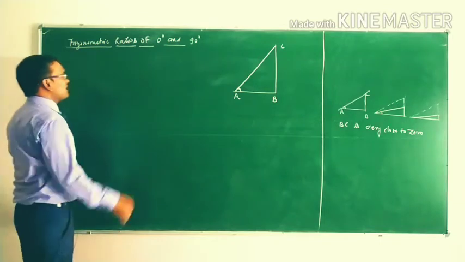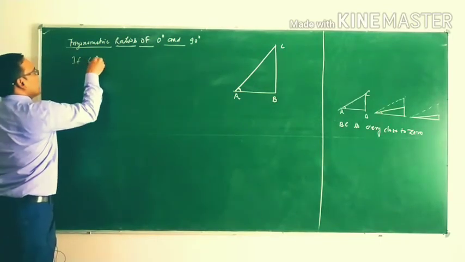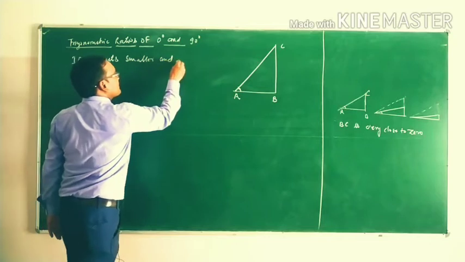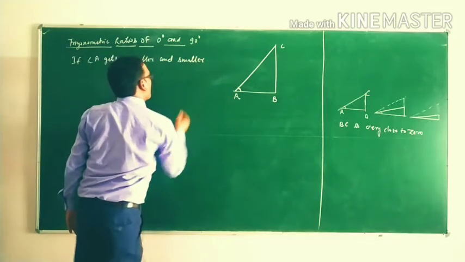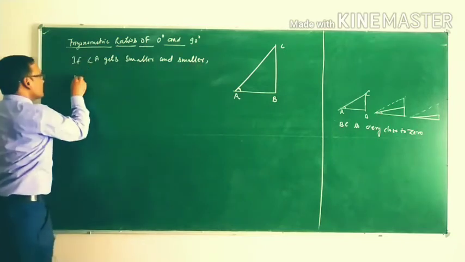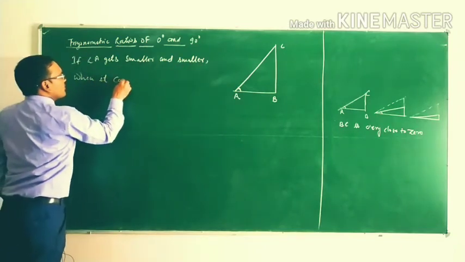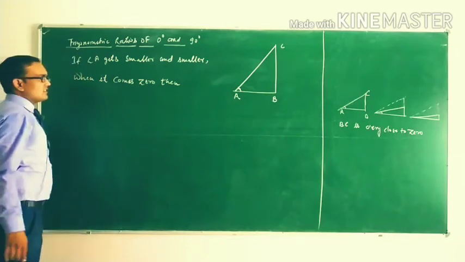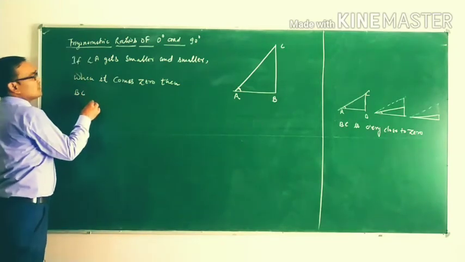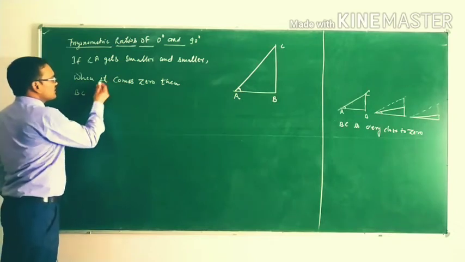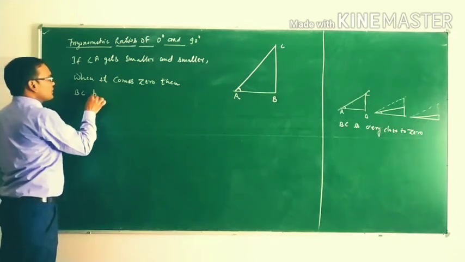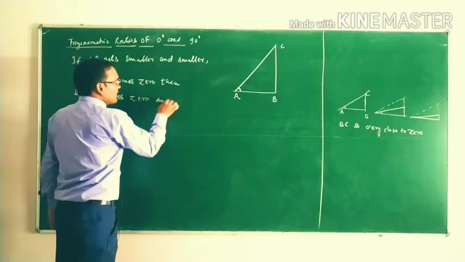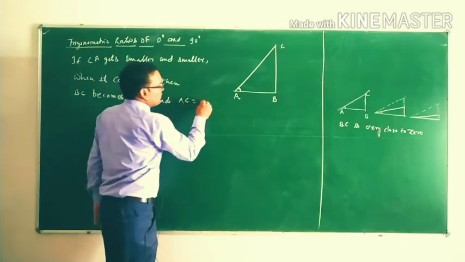In a right angle triangle, if angle A gets smaller and smaller, when it becomes 0, then BC becomes 0 and AC is equal to AB.